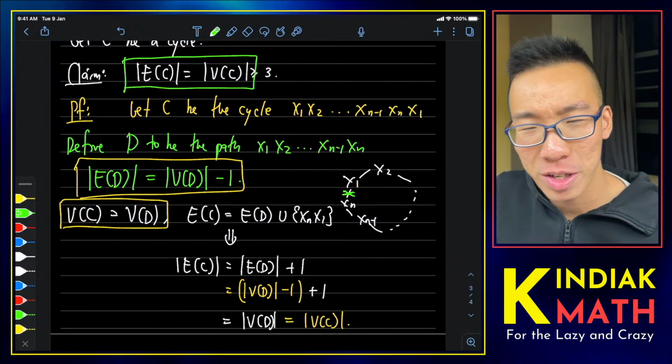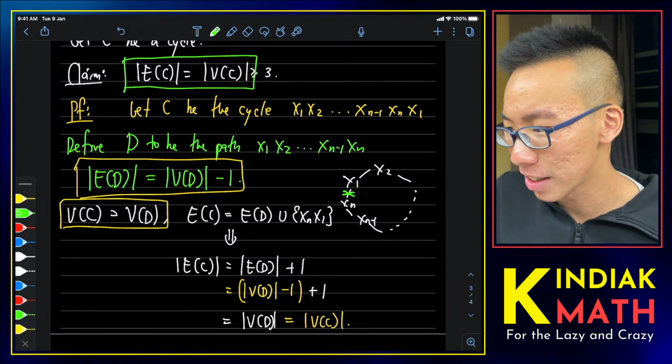I think it's a graph question, probably. That's my guess. Or is it a cardinality question? I'm not too sure.